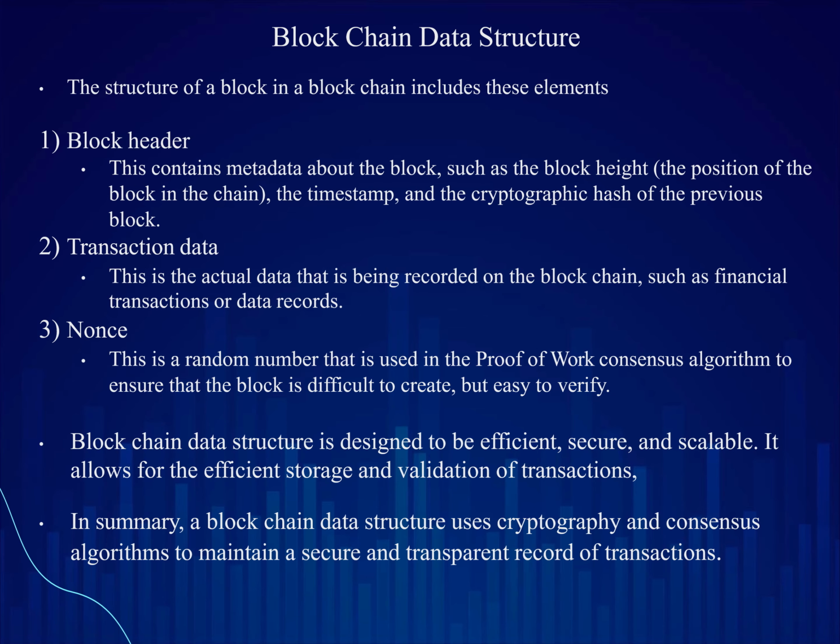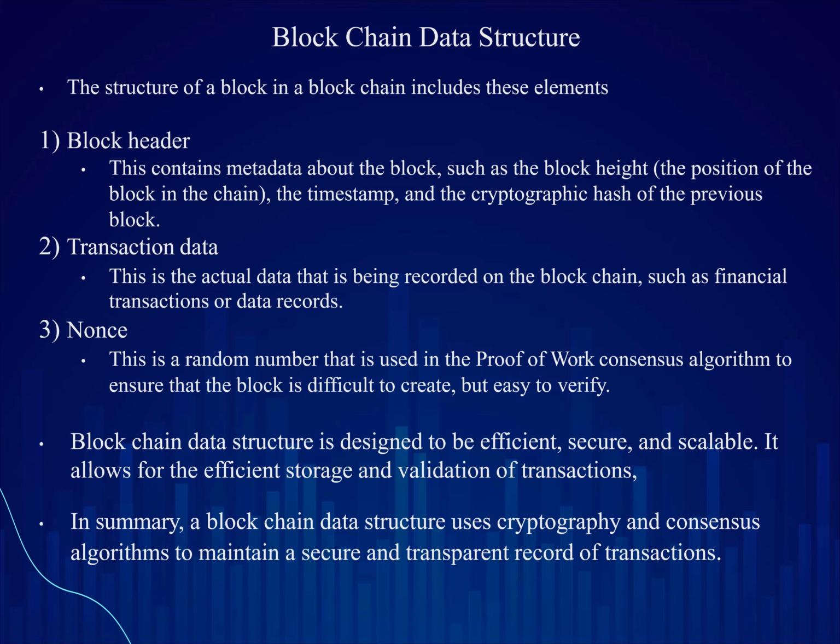Blockchain data structure. The structure of a block in a blockchain includes these elements: the block header, transaction data, and nonce. The block header contains the metadata about the block, such as the block height, the timestamp, and the cryptographic hash of the previous block.